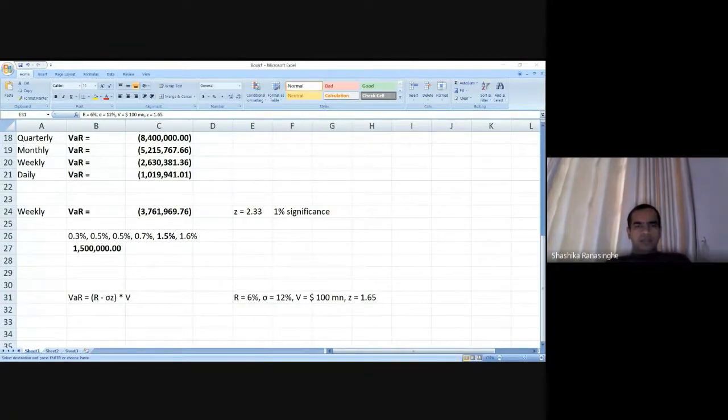Return is 12%. Portfolio value is $1 million. Standard deviation 6%.